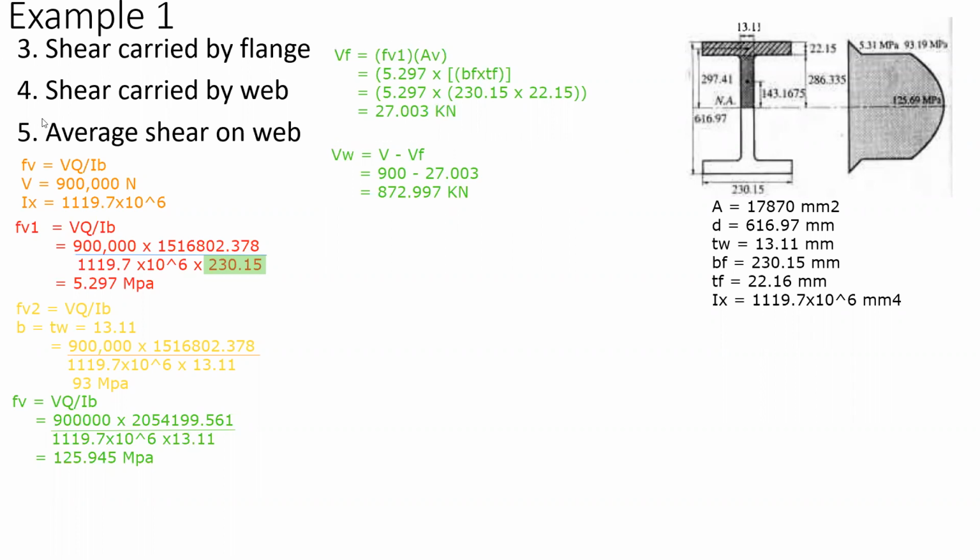And our last question, we have your average shear of the web. So let's call this VAVE. And that is simply V, or the total applied shear, divided by D times your thickness of the web.